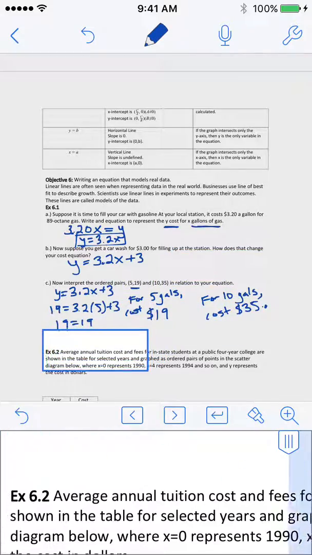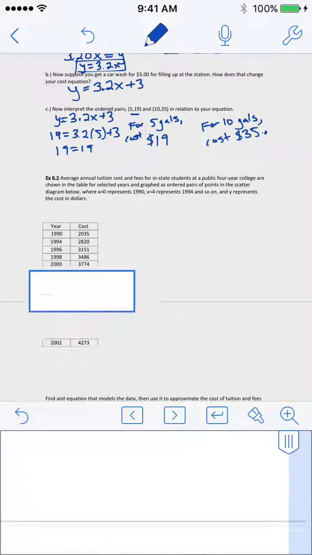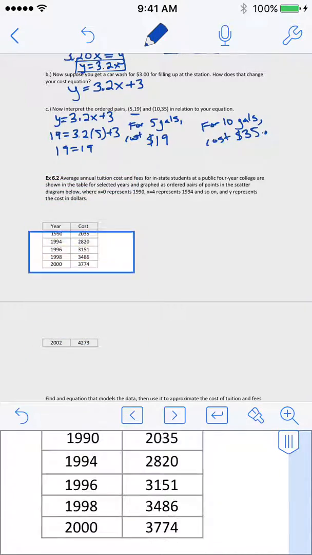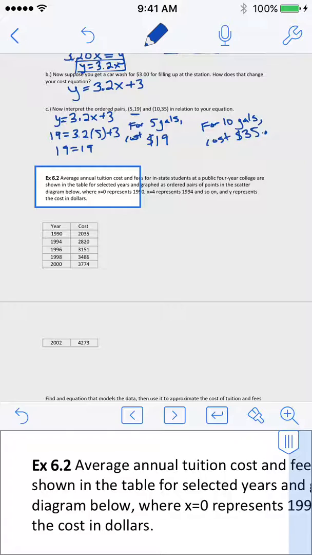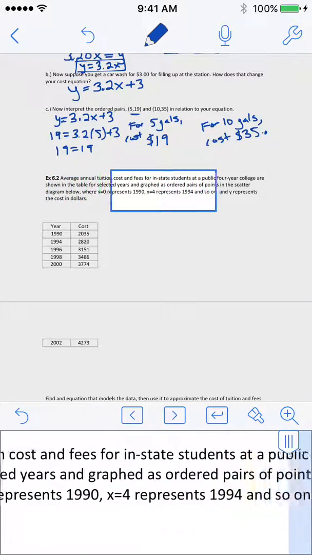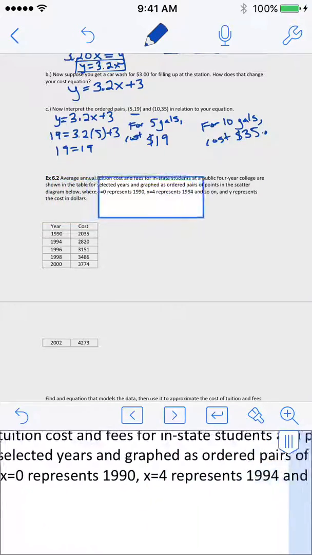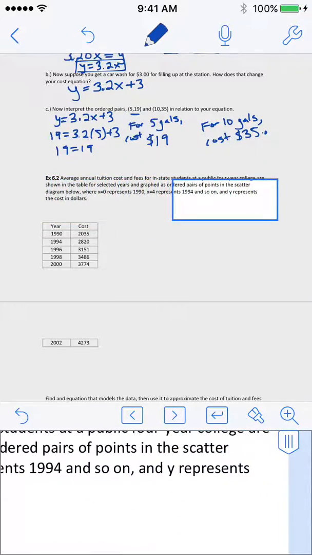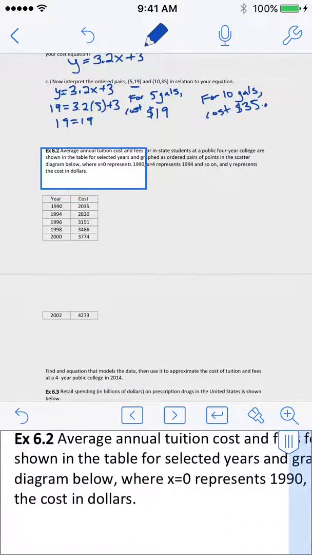Let's try another one. Scroll down a little bit. It looks like mine got cut in half. Hopefully yours didn't. So make sure you've got all points from 1990 to 2002. The average annual cost and fees for in-state students at a public four-year college are shown in the table below for selected years and graphed as ordered pairs on the scatter diagram, which I did not include, so I apologize.